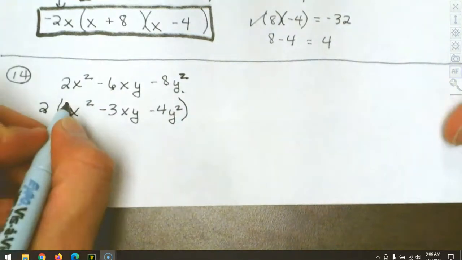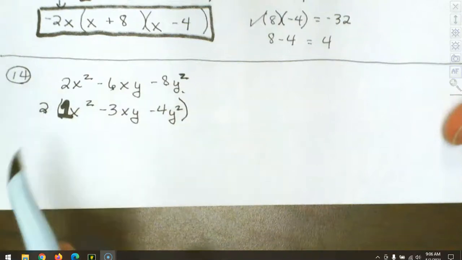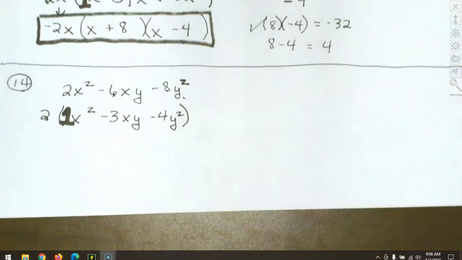We have to add the 1. The 2 out in front just stays. All it does is just drop down to the next step. So when you factor something out, you don't have to worry about it and just bring it down to the last step. So we factored that 2 out, and we don't have to worry about it anymore.